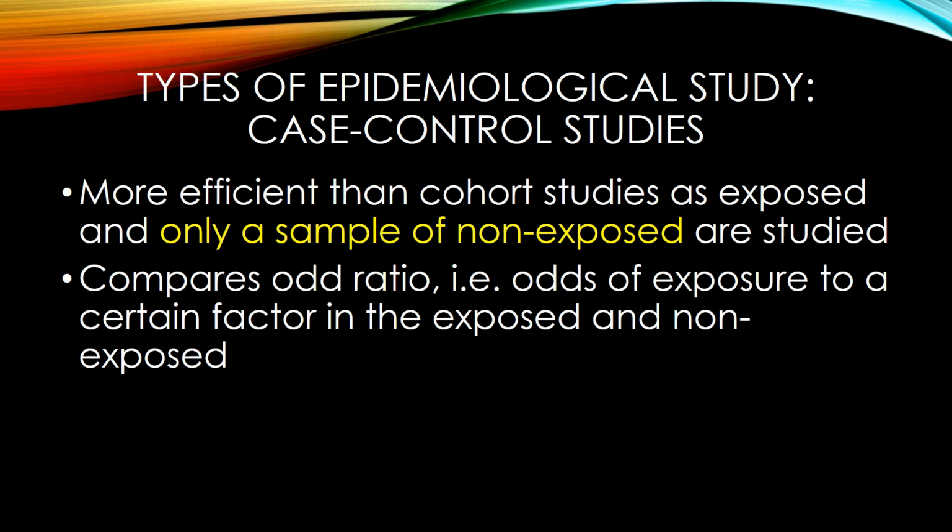And when you compare using odds ratio, that means that you are comparing the odds of exposure to a certain factor in the exposed and non-exposed. So in terms of the study's design, it is considered to be more efficient.